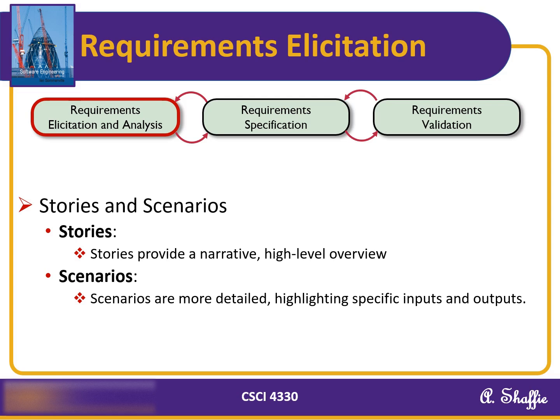This makes it easier for them to envision how the system will fit into their own daily tasks and processes. When stakeholders see a user story that mirrors their situation, they are more likely to give meaningful feedback, helping us refine and adjust the system to meet their actual needs.